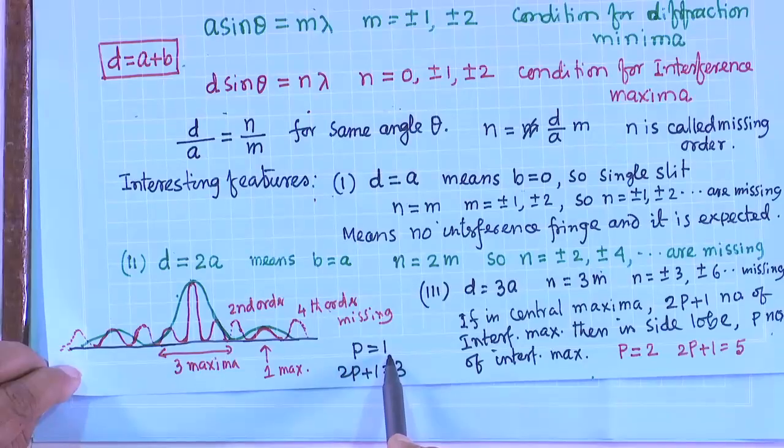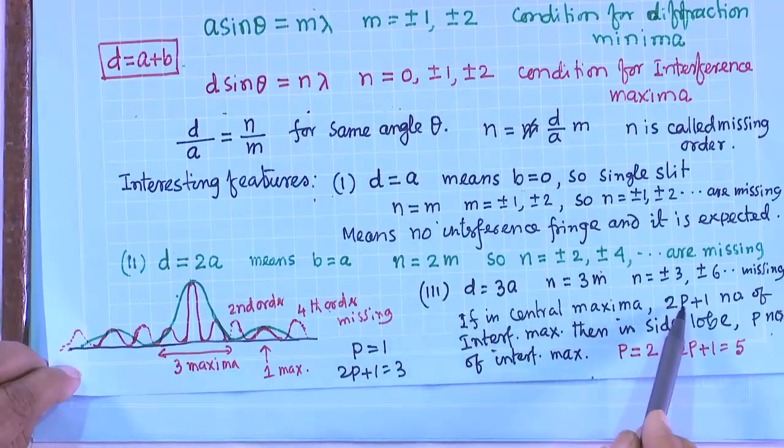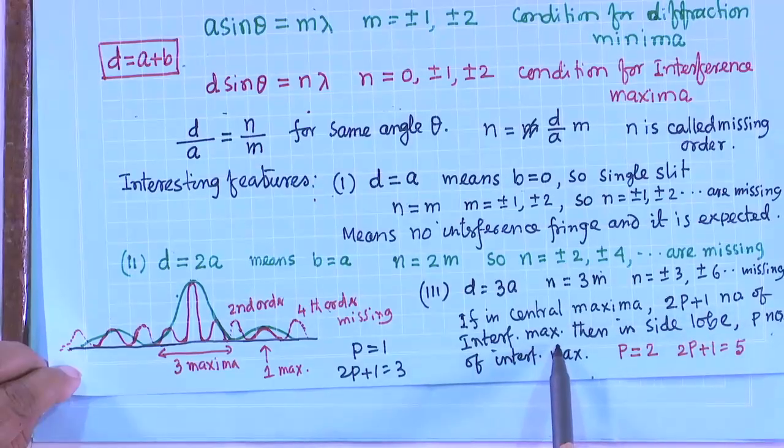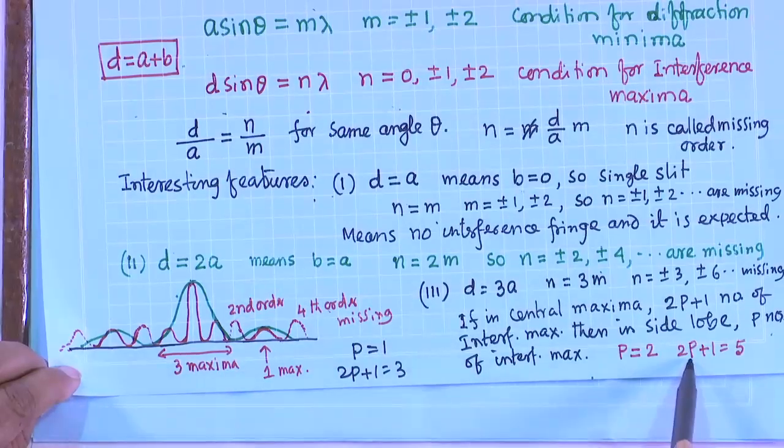So, when p equal to 1, if in the central maxima there are 2p plus 1 interference maxima, then in the side lobes there are p interference maxima. Okay. So, when d equal to 3a, the third order is missing, sixth order is missing. So, in that case in the side lobes you will get p equal to 2, whereas in the central lobe you will get a total of 5, that is 2p plus 1, this 5.